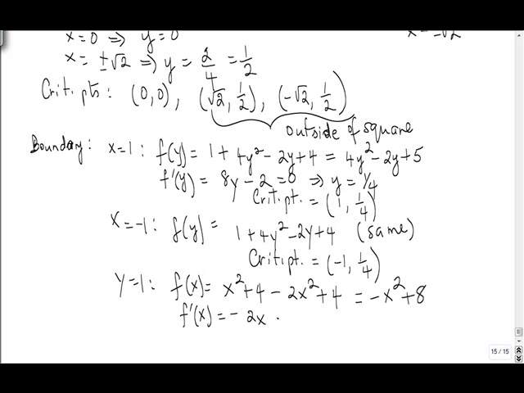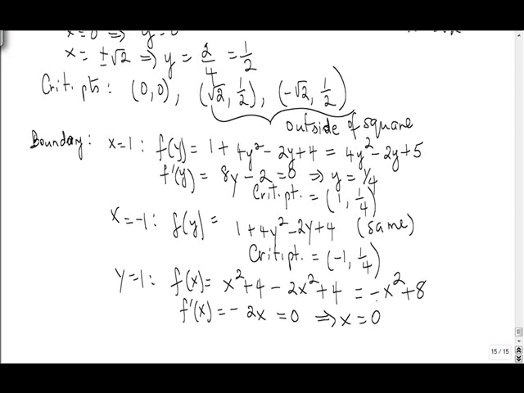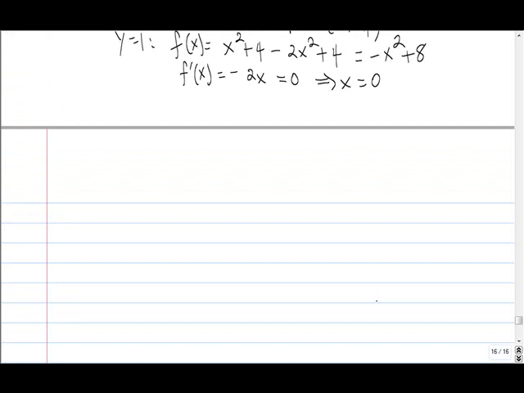Minus 2x equals 0. We get x is 0. Oops. I'm going to write on this page, okay? I hope it will save. So critical point is 0, 1.